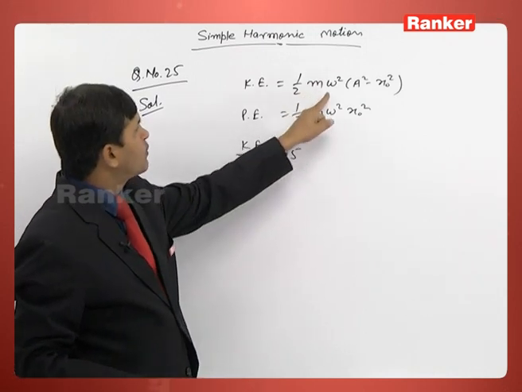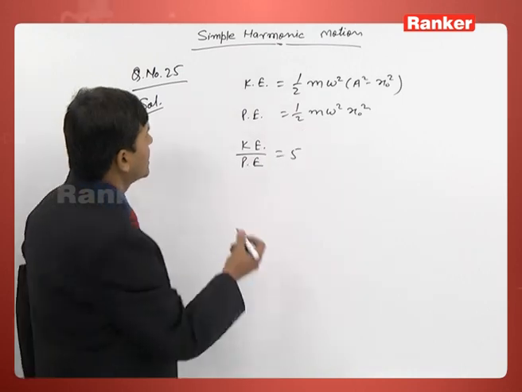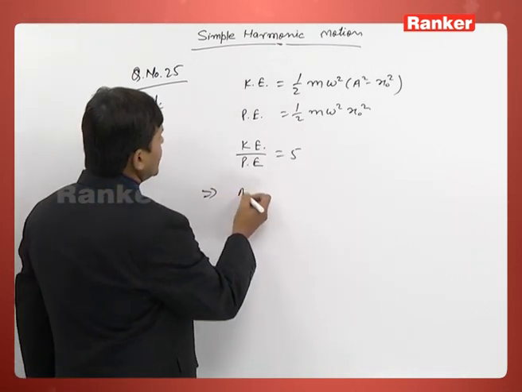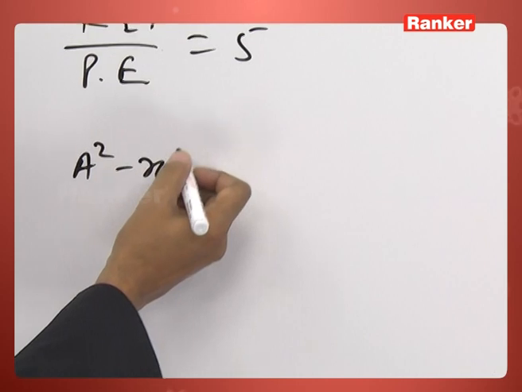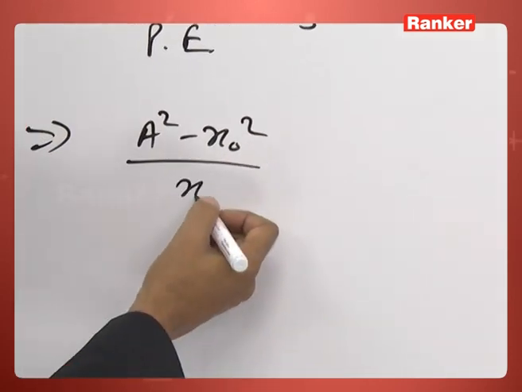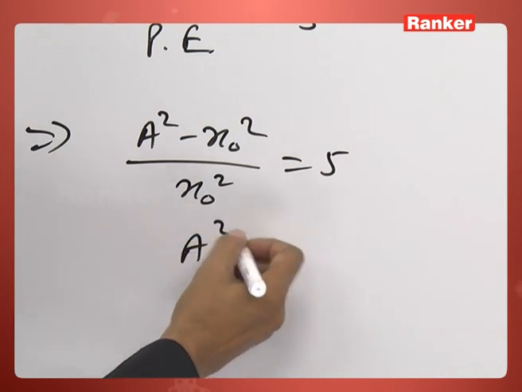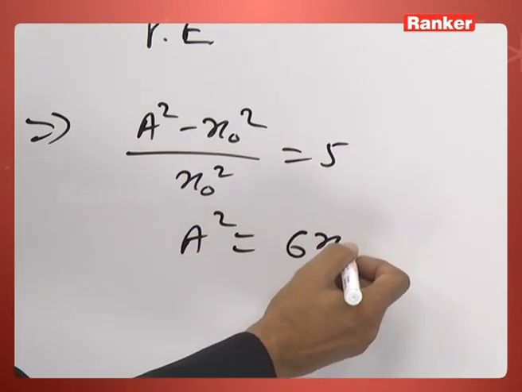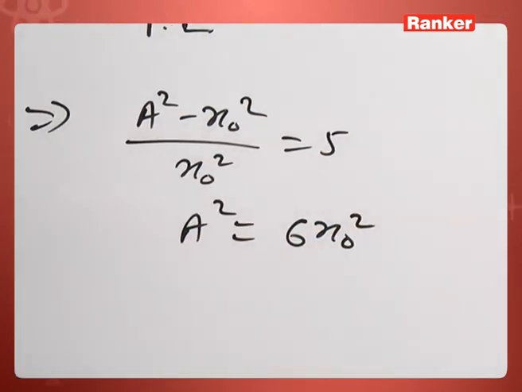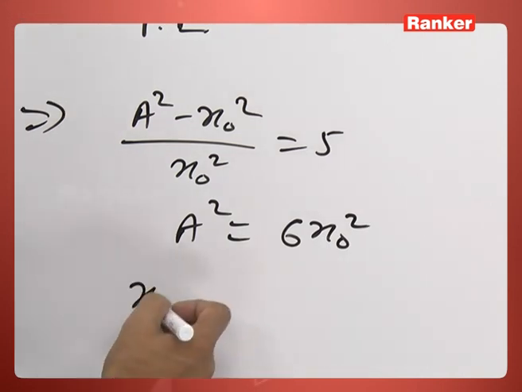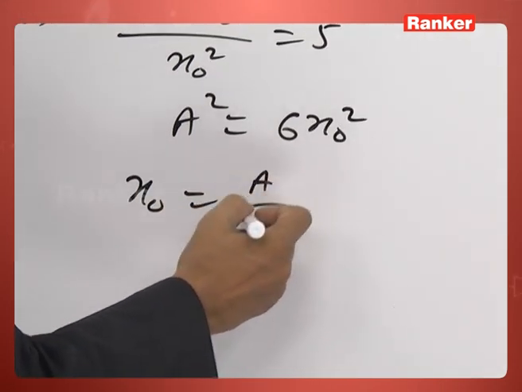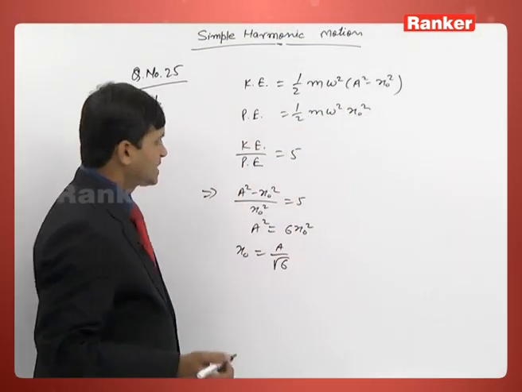So half m omega square cancels. It is left as A square minus x naught square by x naught square, which is 5. So A square is equal to 6 x naught square. So x naught is equal to A by root 6.